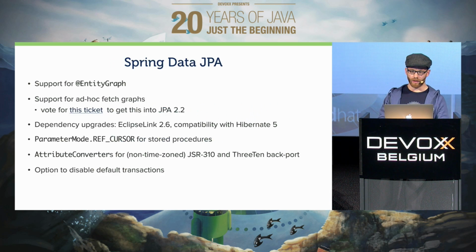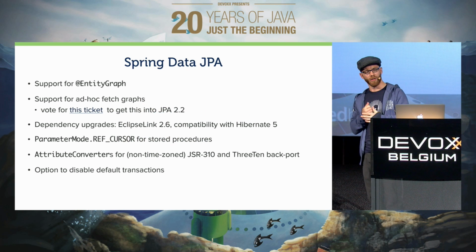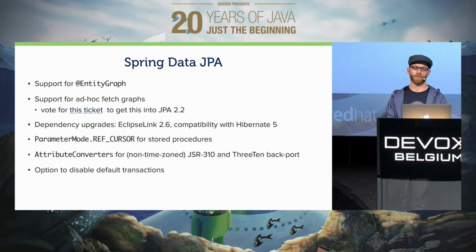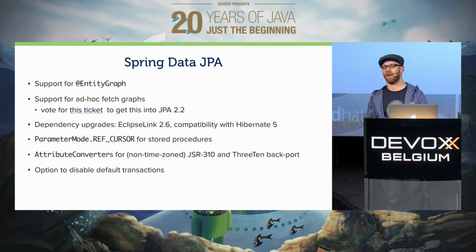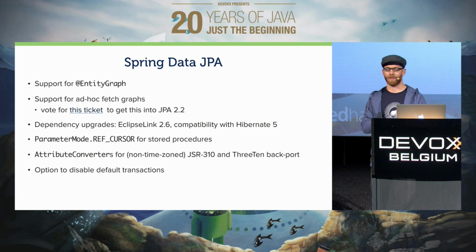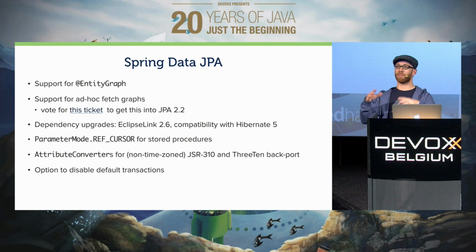All right. In the Spring Data space, I probably just skip this demo just because of the lack of time. We have added support for ad hoc entity graphs. If you're familiar with JPA, then JPA 2.1 introduced the notion of so-called fetch graphs that define which parts of the domain object tree you want to load.